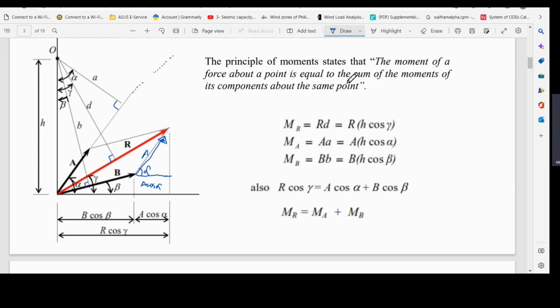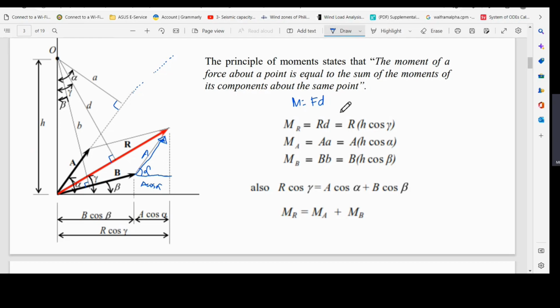So the principle of moments states that the moment of a force about a point is equal to the sum of the moments of its components about the same point. So this one is the moment of our resultant. The moment of the resultant, we said earlier, is the force multiplied by the distance. So what is our force? It is the resultant. What is the distance that is perpendicular to our moment center?